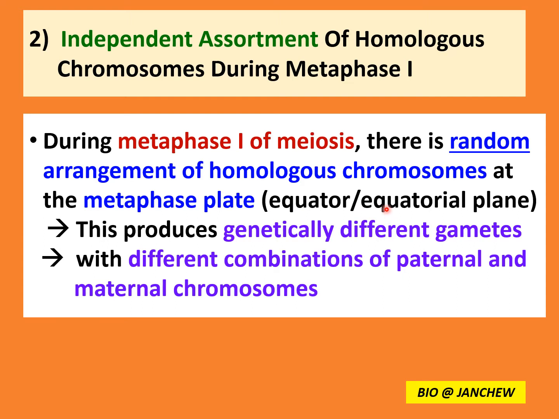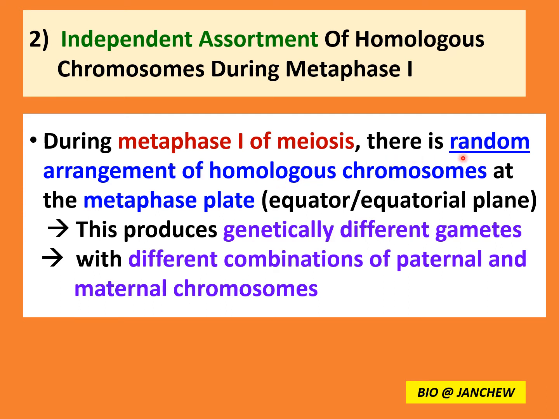So each pair of homologous chromosomes is placed or positioned relative to the poles of the cell independently compared to the other pairs. They don't affect each other, the different pairs of homologous chromosomes. The way they are arranged at the metaphase plate, that means facing which pole, the left or right pole for example, occurs randomly.